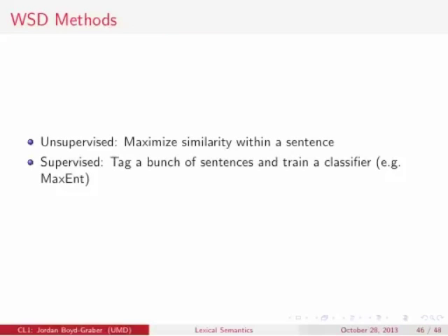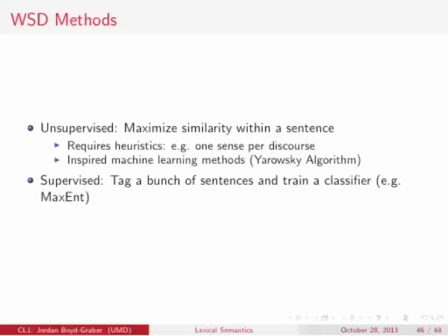There are two broad categories of methods to do word sense disambiguation: unsupervised and supervised. Unsupervised methods typically require some sort of heuristics, such as assuming one sense per discourse, that in a given document or paragraph you're only going to have a single sense of a word. Or they take advantage of semi-supervised machine learning methods, such as, for example, the Yarowsky algorithm.